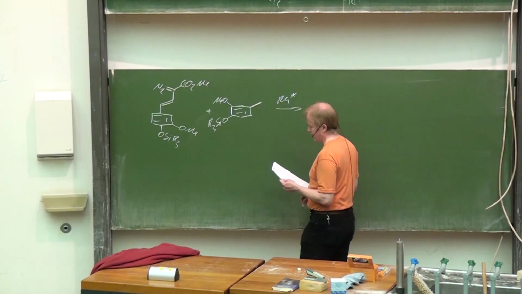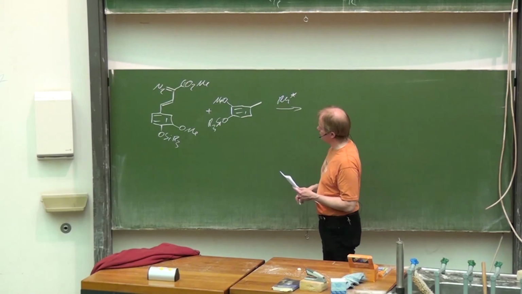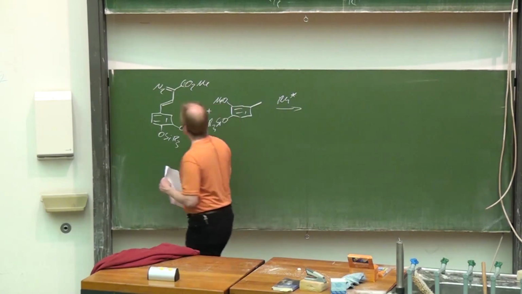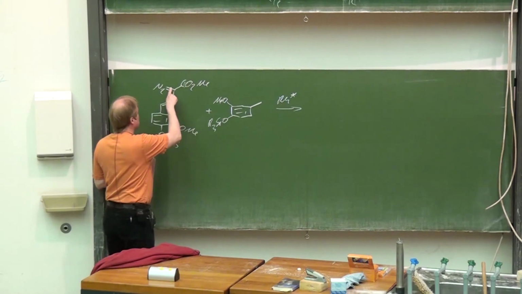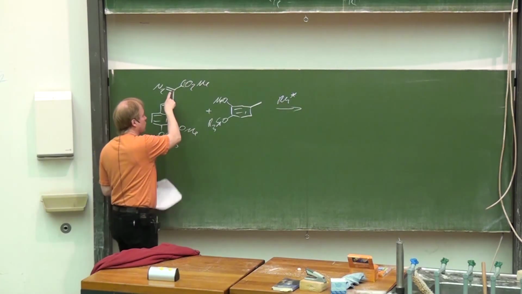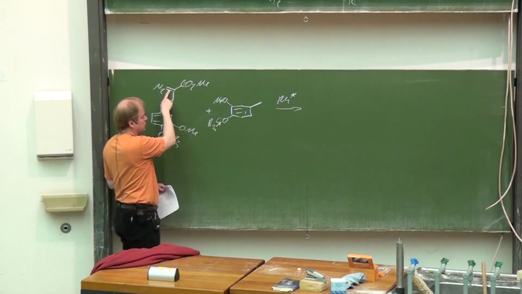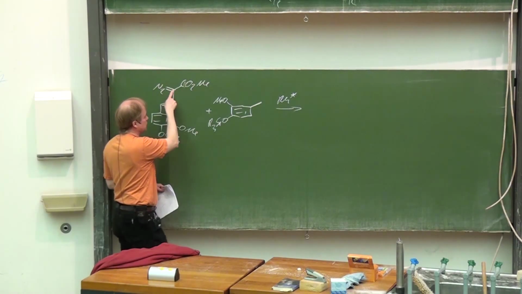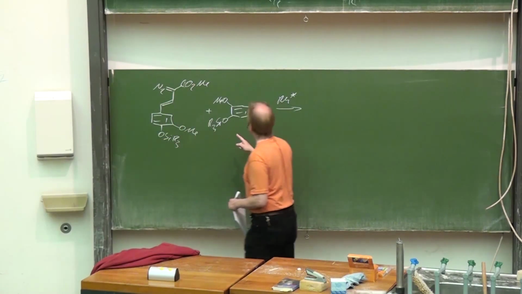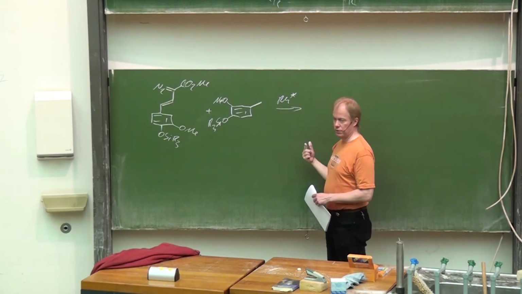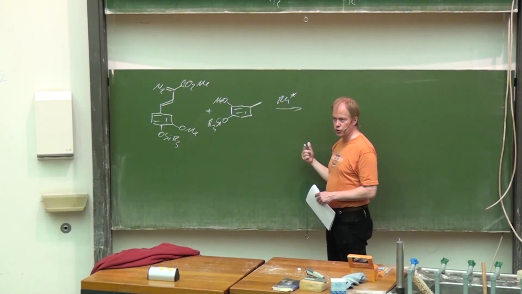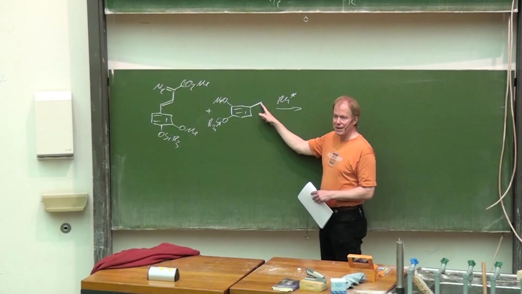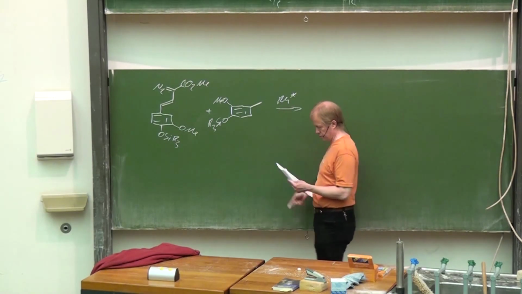A chiral rhodium catalyst, a conjugated carbene complex. A rhodium carbene complex is formed here at this position, and an intermolecular CH insertion occurs in the benzylic position.